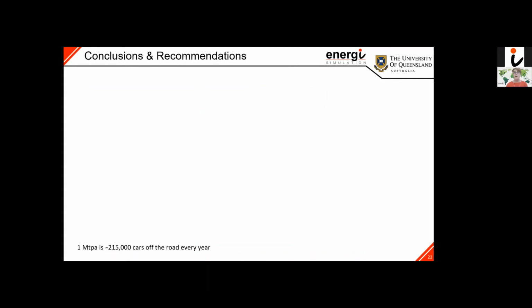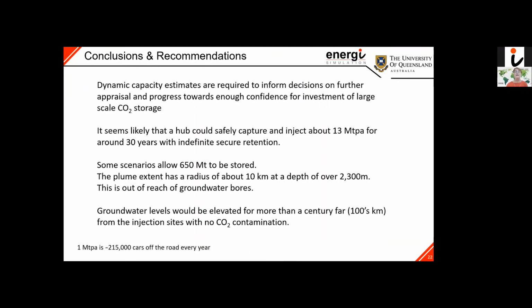So I'm coming to my conclusions here. Dynamic capacity estimates are required to inform decisions. It is likely that we could build a hub that was able to capture and inject about 13 million tons per year over about 30 years.